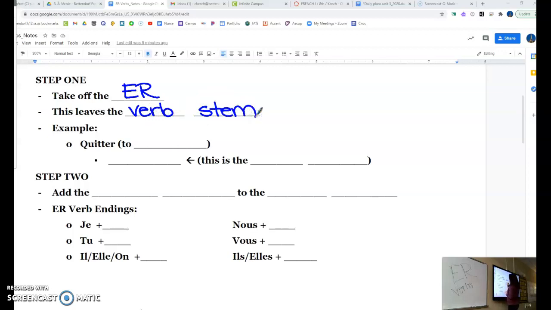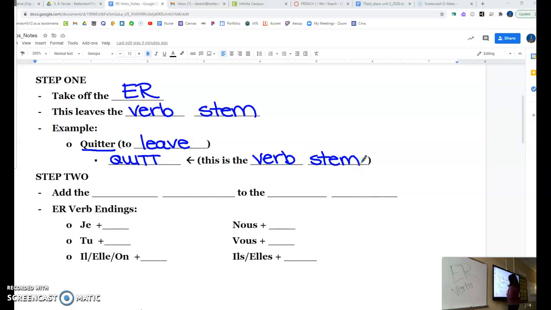For example, quitter means to leave or to exit. If you take off the ER, you're left with Q-U-I-T-T. This is called the verb stem. And we're going to use this verb stem in step 2.